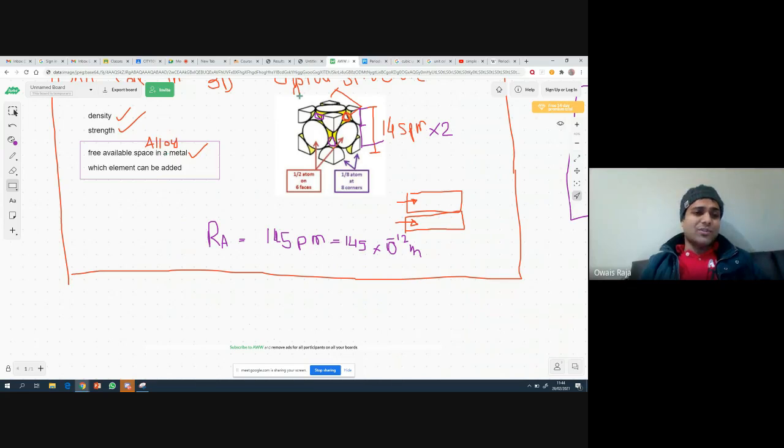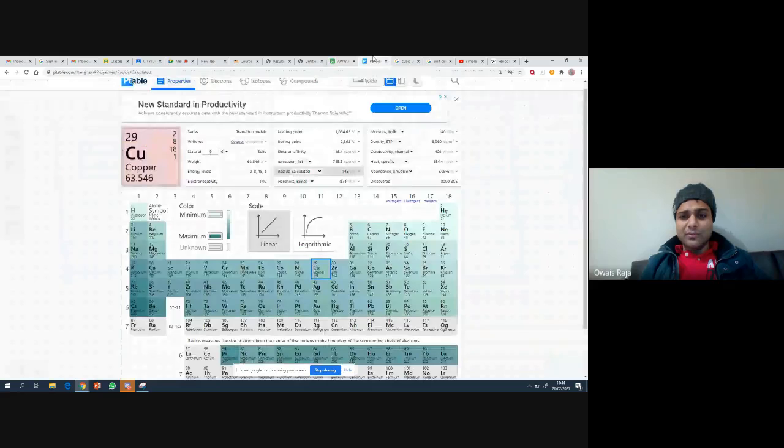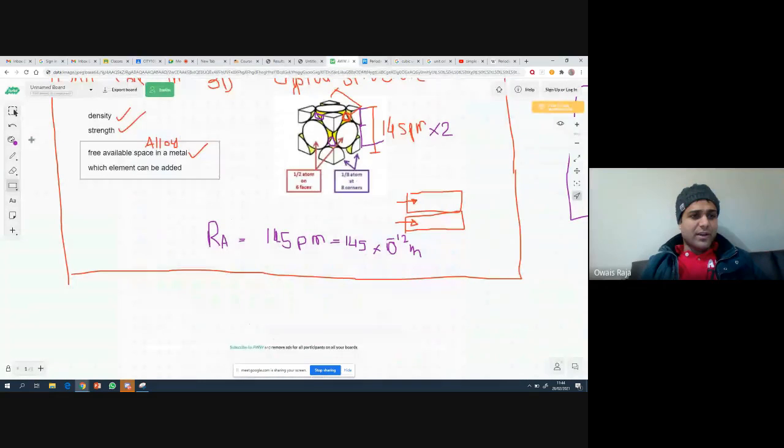So if I want to add an atom that is more than 145, let's say lead, which is around 154, it is going to be quite big, and it's not going to sit in the middle, because it's bigger than this space.